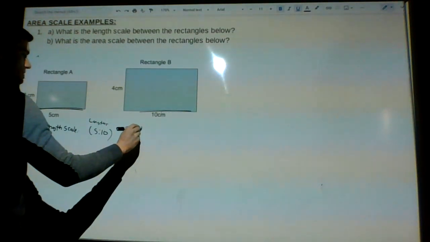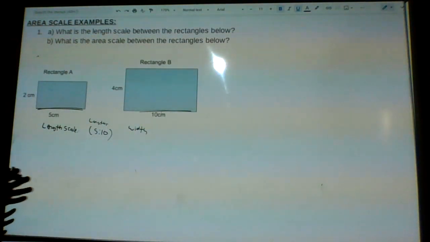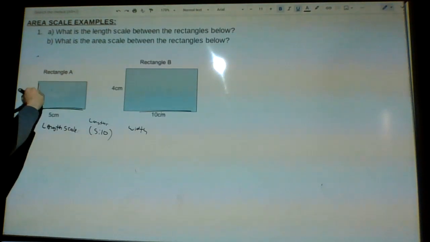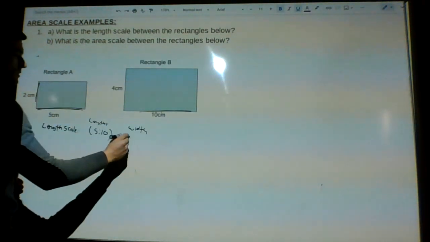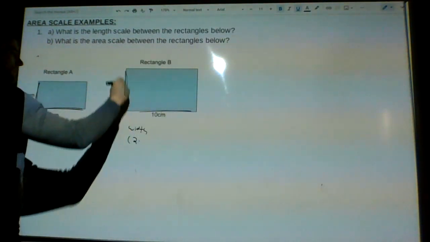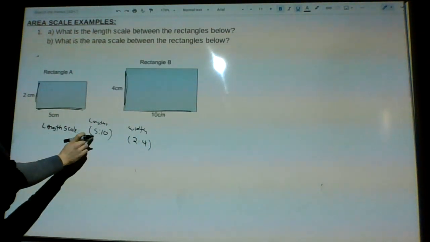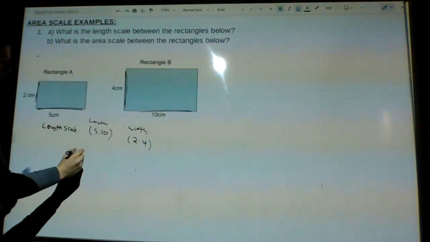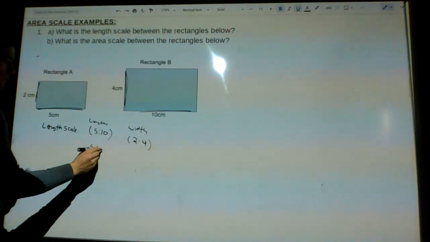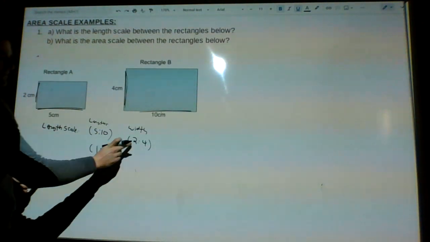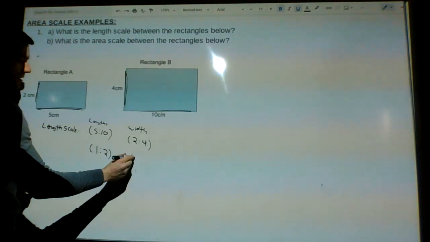Let's also, we don't have to do this, but I just really want to confirm it. Let's compare the widths. The width, it's a 2 to this width is 4. And we see that I can reduce these down. If I divide this by 5 and this by 5, this becomes a 1 to 2. And if I divide both these by 2, this also becomes a 1 to 2.